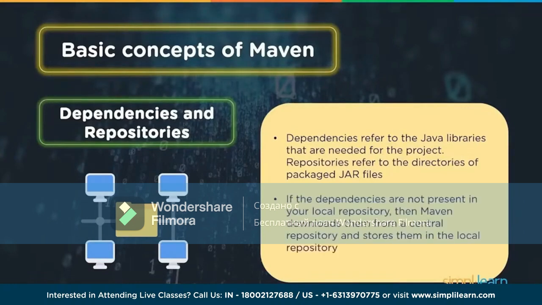If the dependencies are not present in your local repository, Maven will try to download them from the central repository and cache them into your local repository. But first of all, it will look into the local repository, and only if it is not present in local will it go to the remote or the central repository.